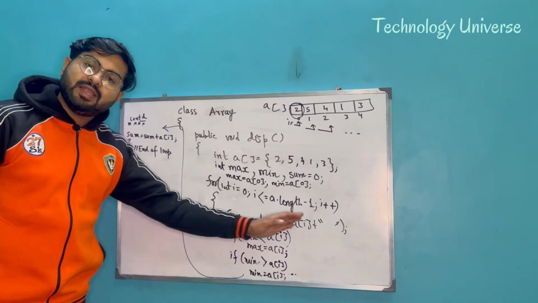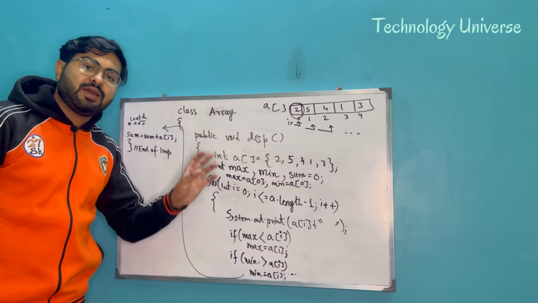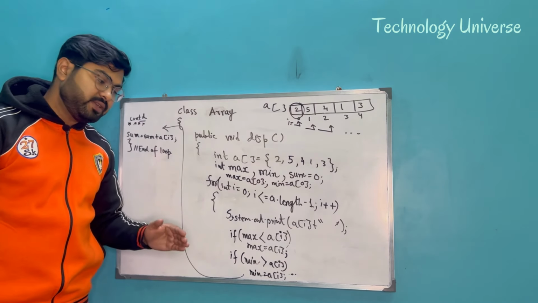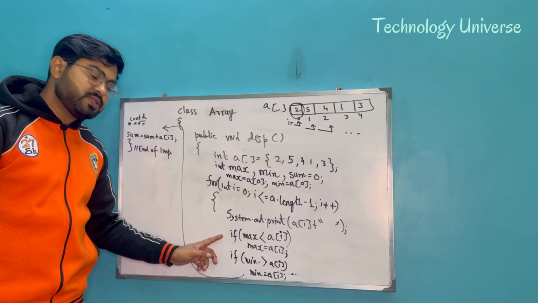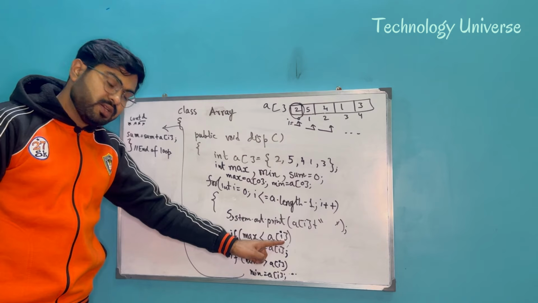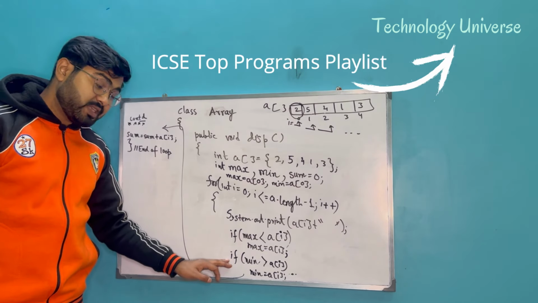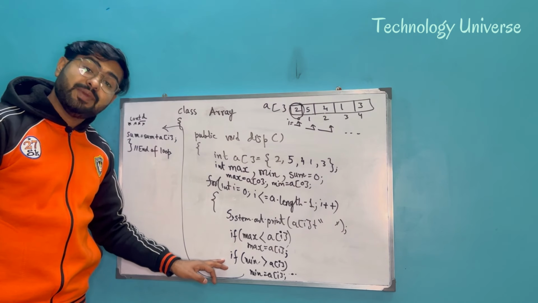First we are printing the numbers side by side. I have used a print statement that would print the numbers side by side in the same line. After that I have found out which is the maximum number. If max is less than A of I, that means A of I is now greater, so that number will be stored in max. Next, this if statement is used for finding the minimum number.